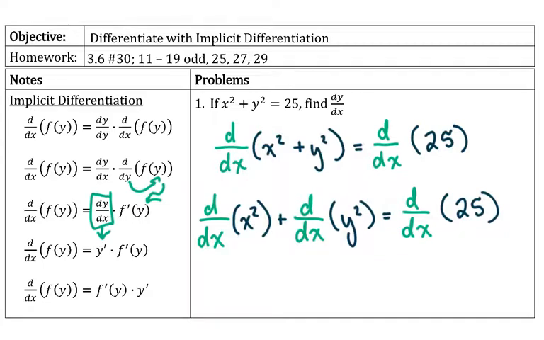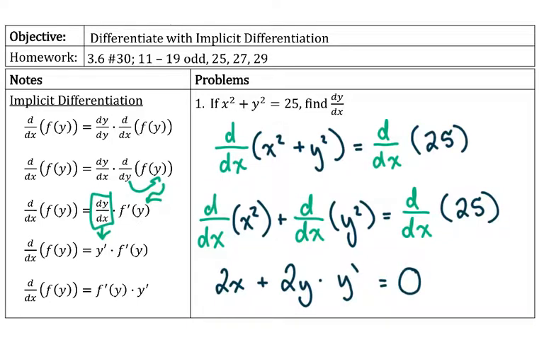So this first one, the derivative of x squared in terms of x is 2x. The derivative of y squared in terms of x, we're going to end up with the derivative in terms of y, of the function in terms of y, so that would be 2y, times y prime, or the derivative of y, dy/dx, is equal to the derivative of 25, which is 0.